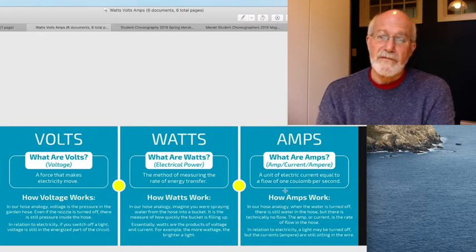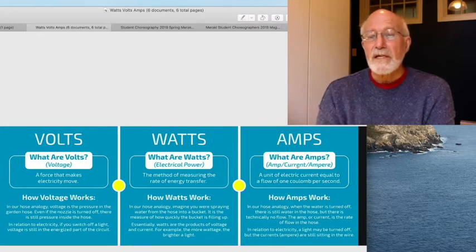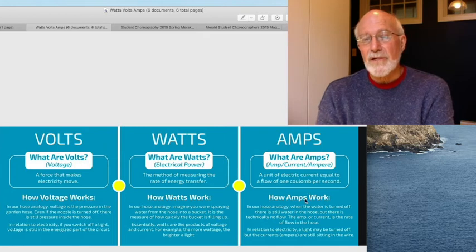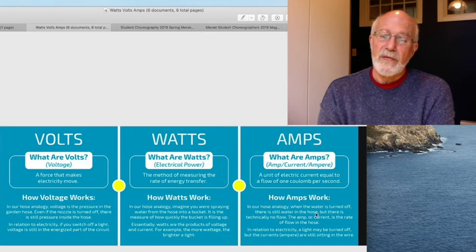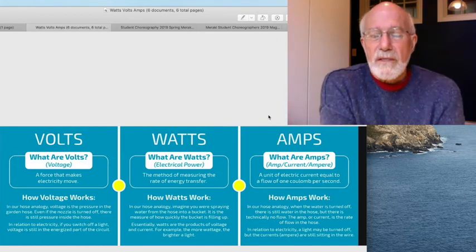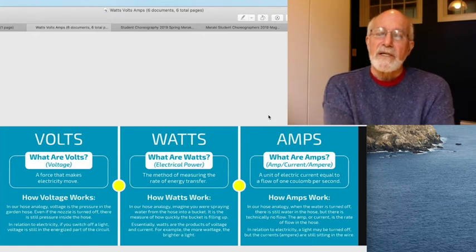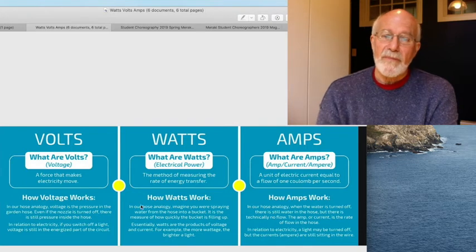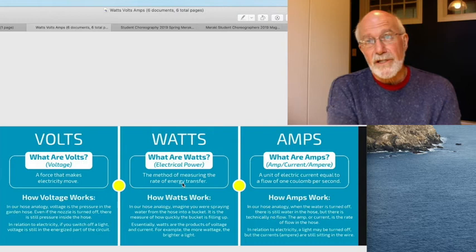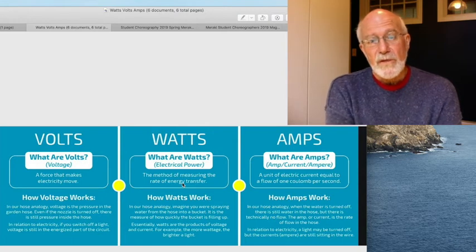So the rate of flow is current, and that is measured in amps or amperes. By the way, a lot of these are named after people who developed the concepts. Okay, so the missing concept is the watt, or, as it says here, the method of measuring the rate of energy transfer.